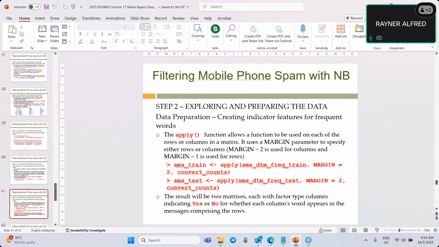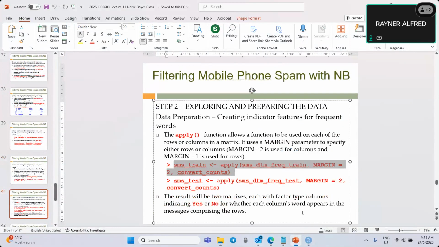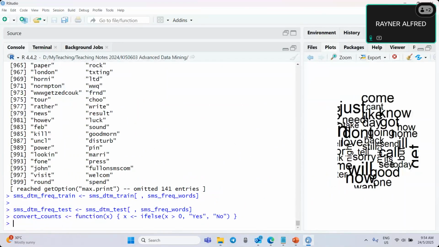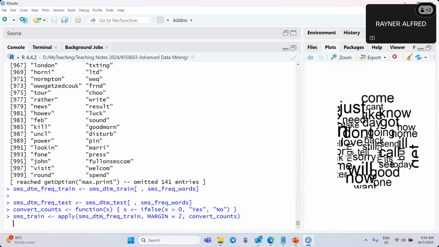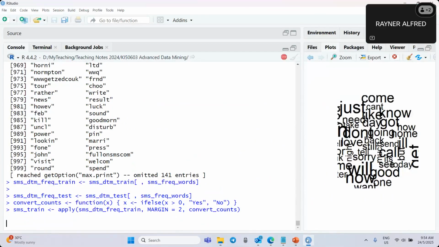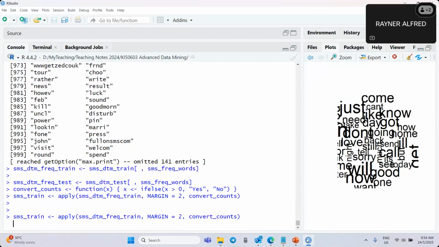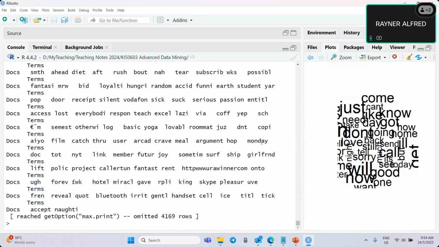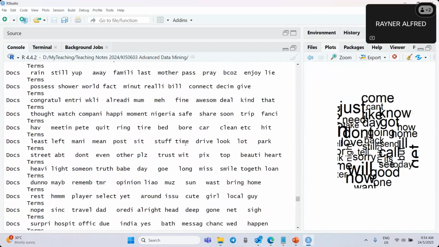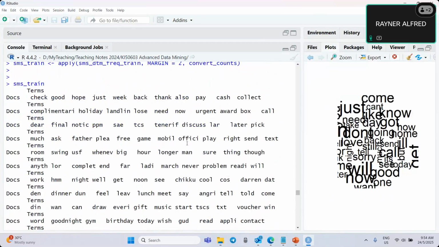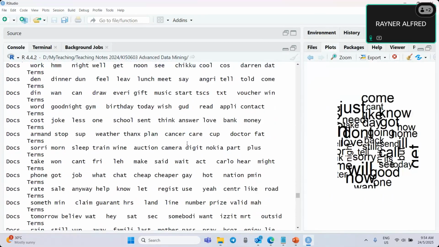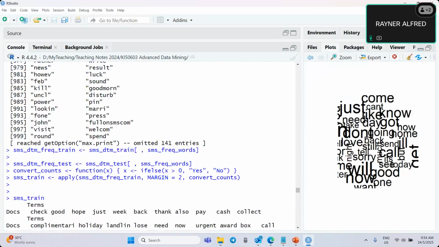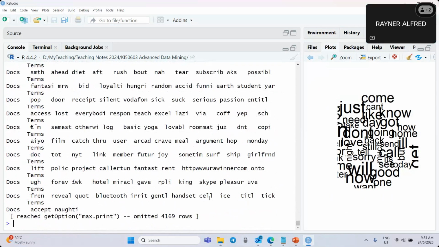So we will apply that in both our training and test sets. If we look at the content, we can only see individual terms.